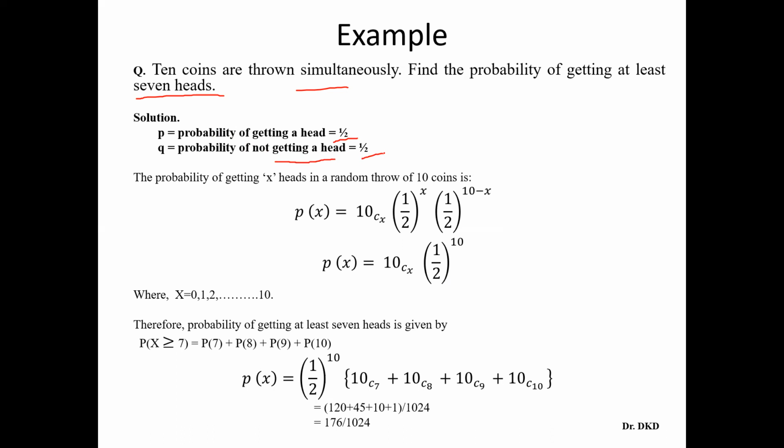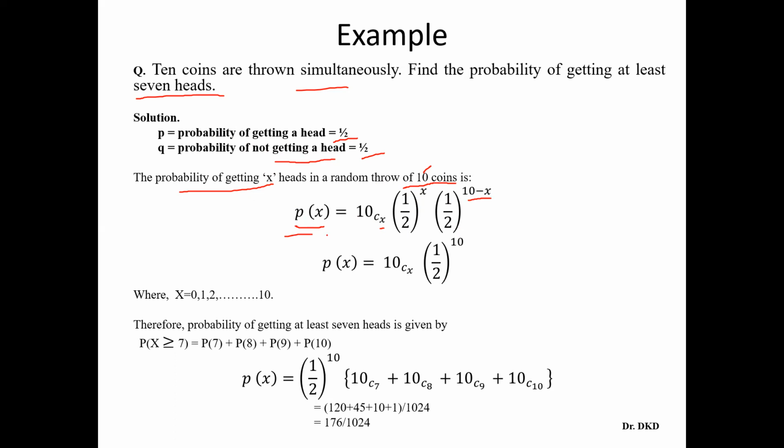Now how will we calculate this? Mathematically, the probability of getting x heads in a random throw of n coins: here n equals 10, and we need to find the probability of x. So P(x) equals 10 c x, times 1 by 2 to the power x, times 1 by 2 to the power n minus x.